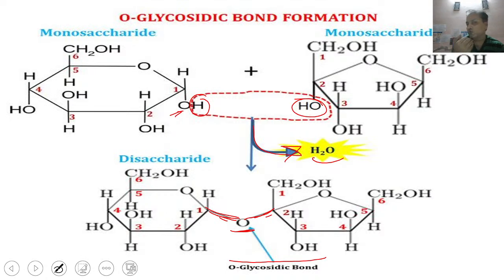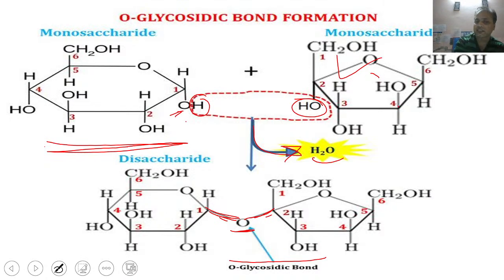Now, how to do the nomenclature? Whenever we are doing nomenclature, I have told you a minimum of one anomeric carbon is required. The first monosaccharide, the one we are going to use for the bond formation, we write its anomeric carbon. So if I use only one anomeric carbon of this sugar, this will be my first carbohydrate.